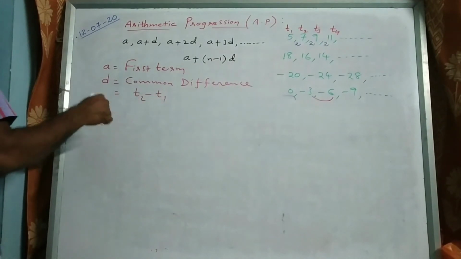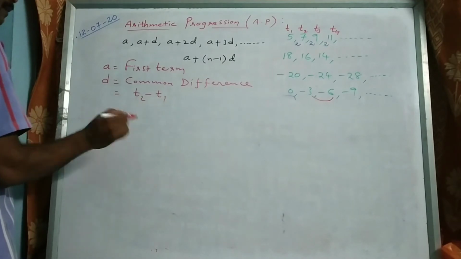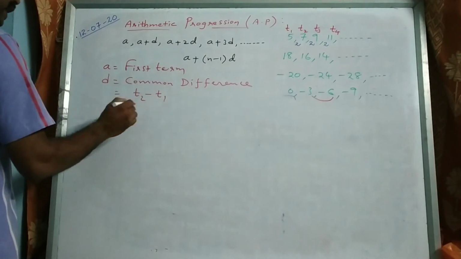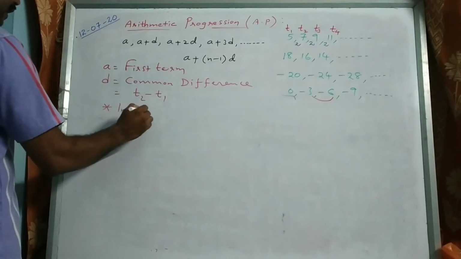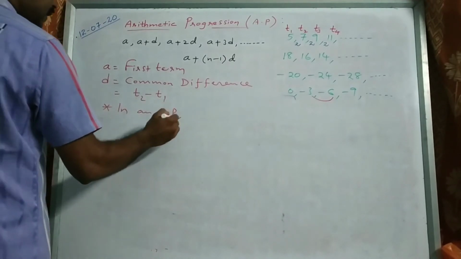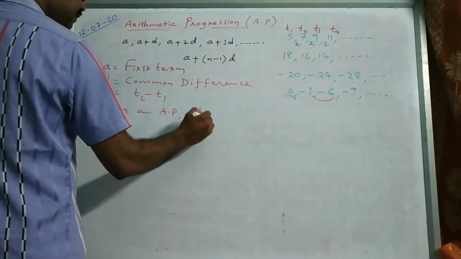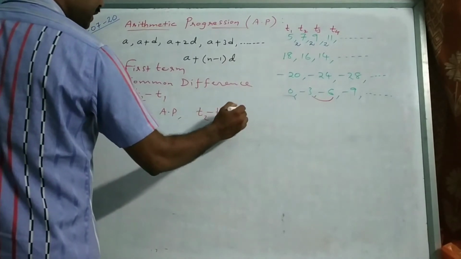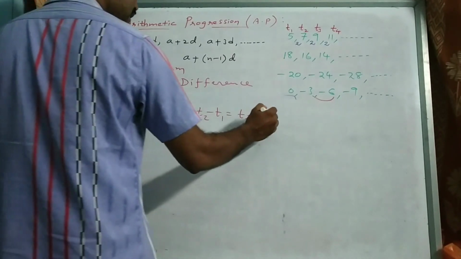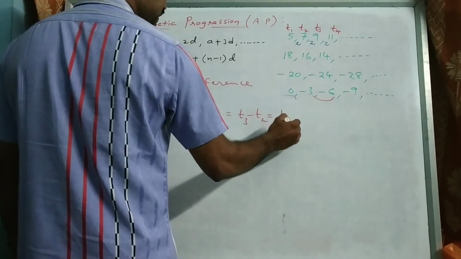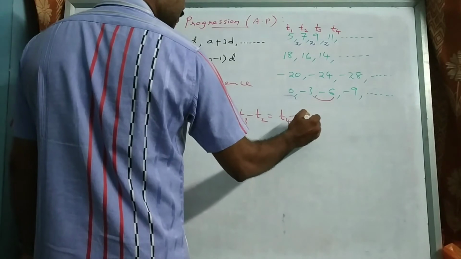Sometimes we write A2 minus A1, same thing, no problem. In an AP, the common difference is equal everywhere. T2 minus T1 is equal to T3 minus T2, equal to T4 minus T3, and so on.